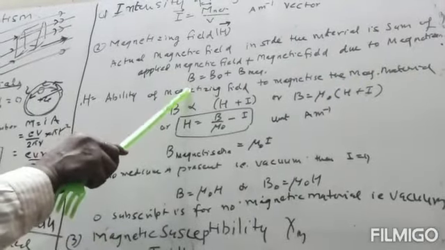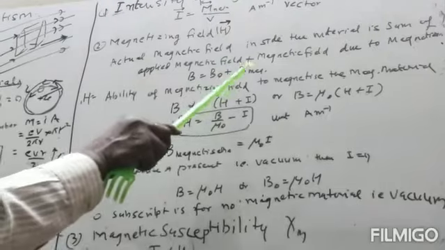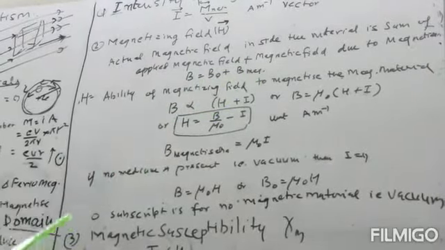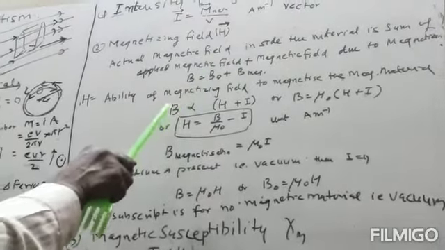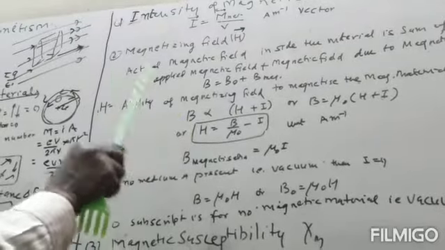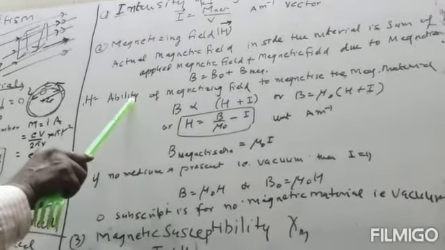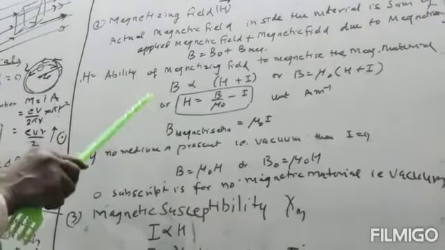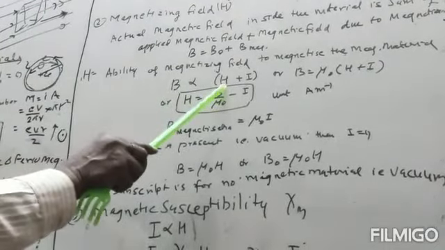So B will be equal to B0 plus B magnetic. The total magnetic field will depend on capital H, which is the magnetizing force.